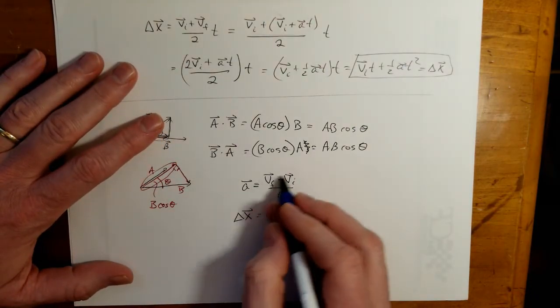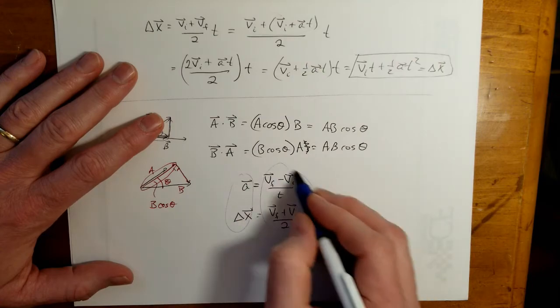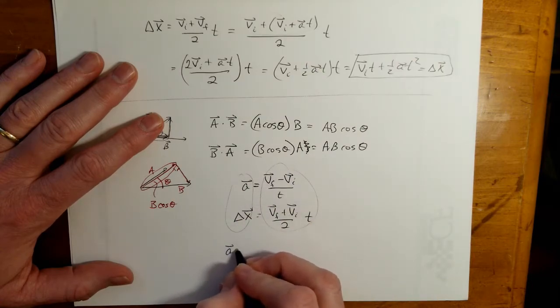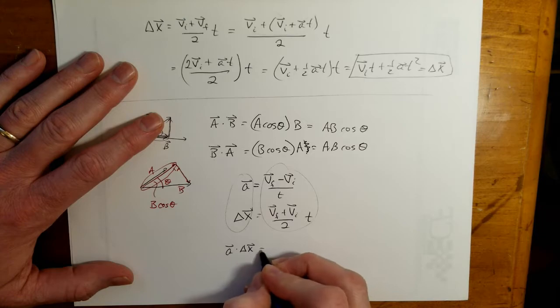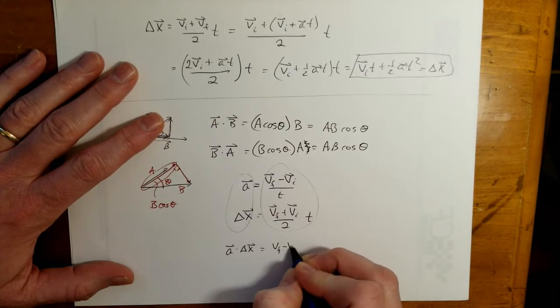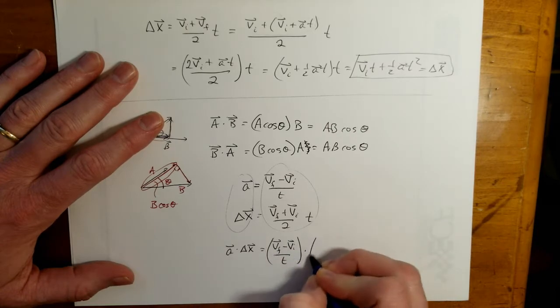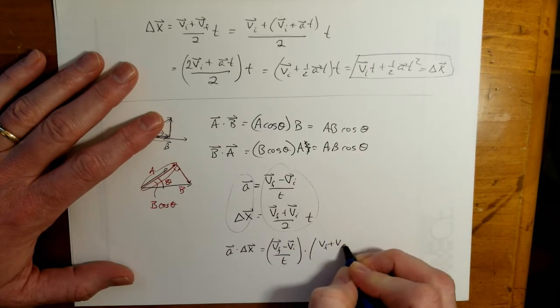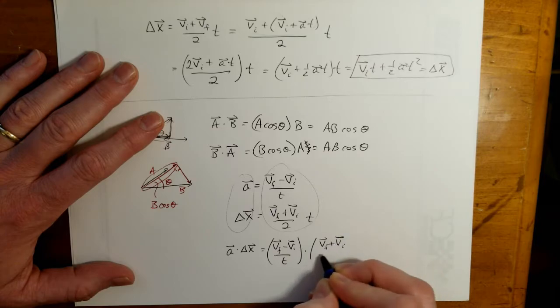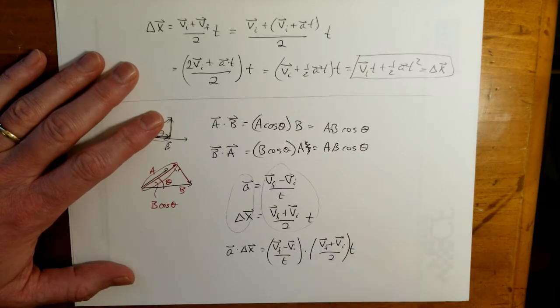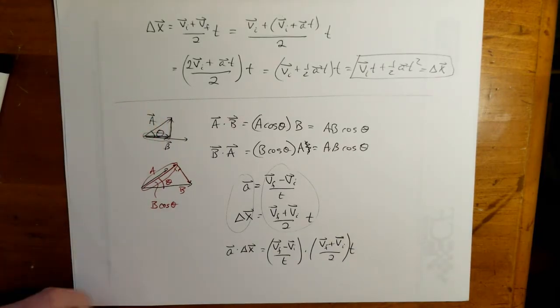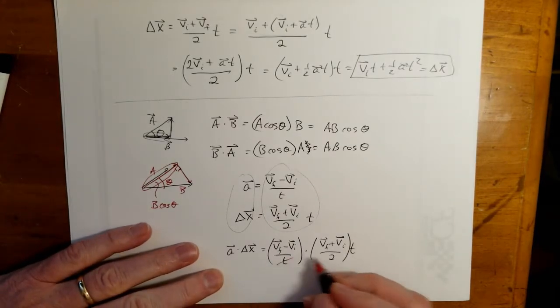And I'm going to multiply those together, multiply those together. So this is A dot delta X. And on the other side, VF minus VI over T, dot product, VF plus VI over 2 times time. Now, the scalars here times the scalar, that's just going to cancel out.